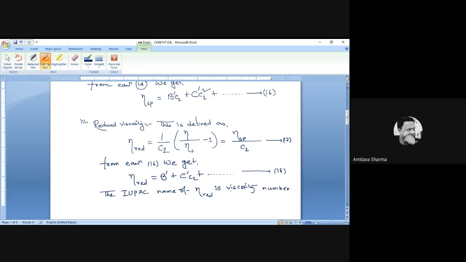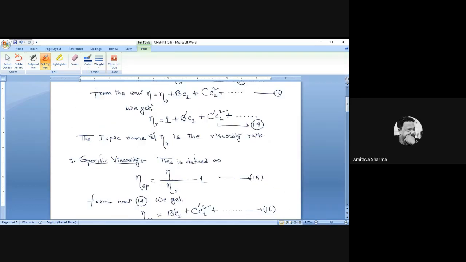Underline that. This kind of definition is very common in exams: what is viscosity ratio? What is viscosity number?